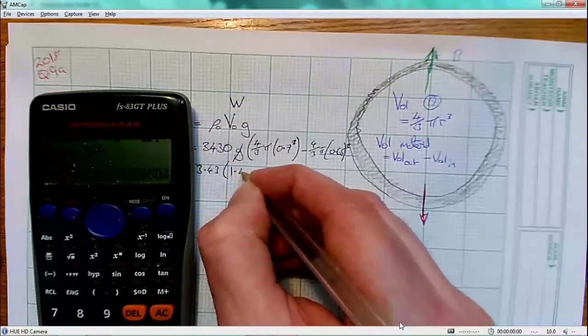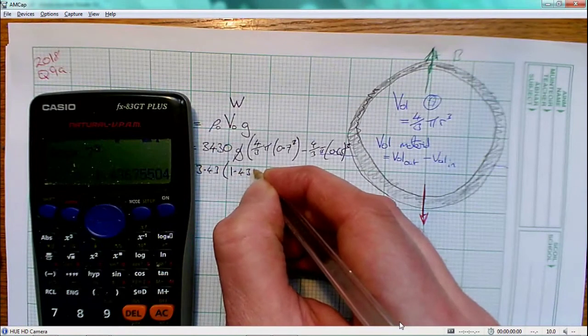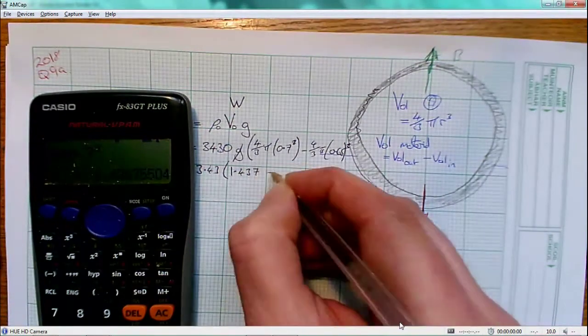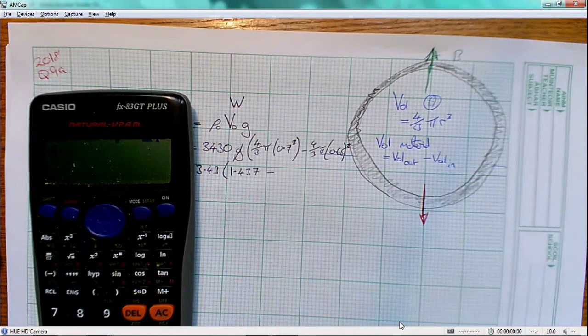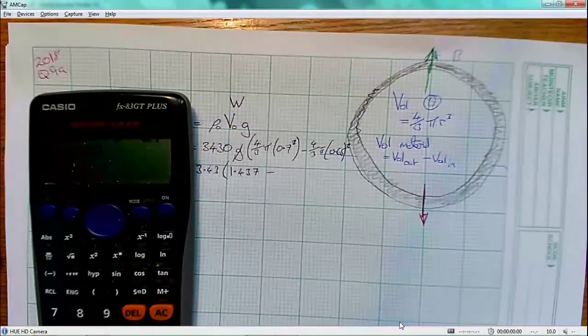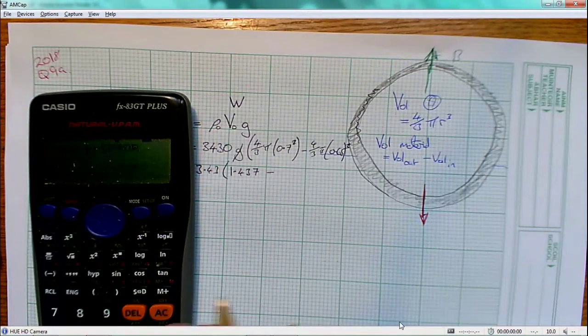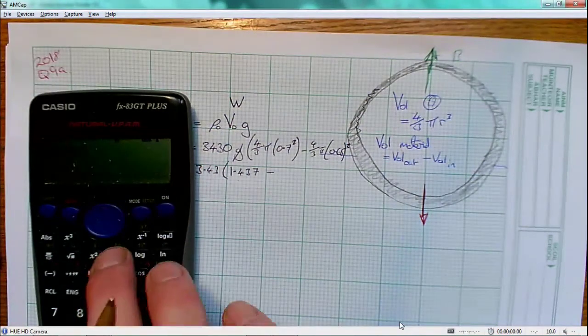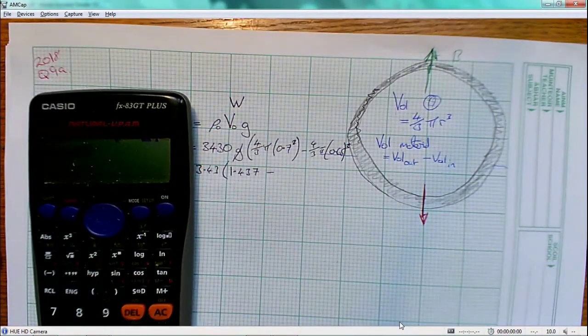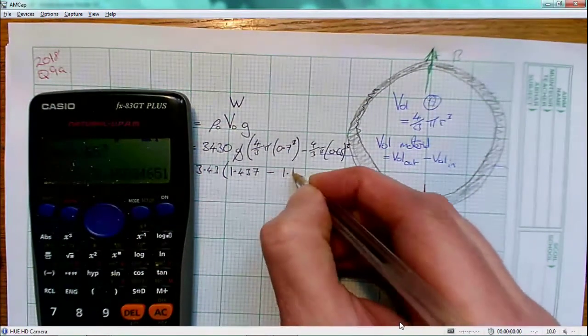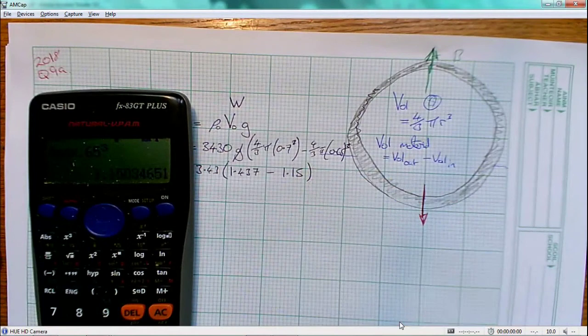And that's 1.437 minus 4 over 3 times pi times 0.65 cubed. 4 divided by 3 times pi times 0.65 cubed minus 1.15, so plus 1.437.